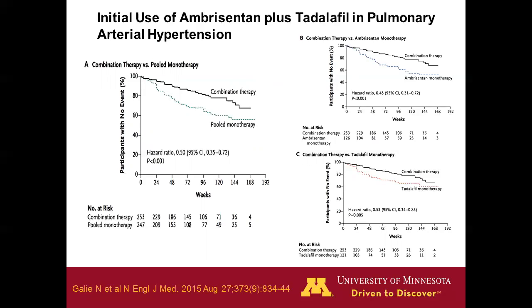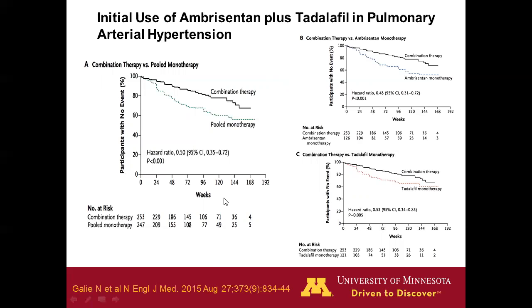But now this trial, started 5 years ago, said we're going to do upfront combination therapy. Like the lady I diagnosed yesterday, just give both drugs, 2 oral drugs at the same time, and see how they do. Compared to pooled monotherapy, this combination therapy gave a 50% relative risk reduction in combined morbidity and mortality. Again driven by morbidity, not mortality, but this is a huge difference.